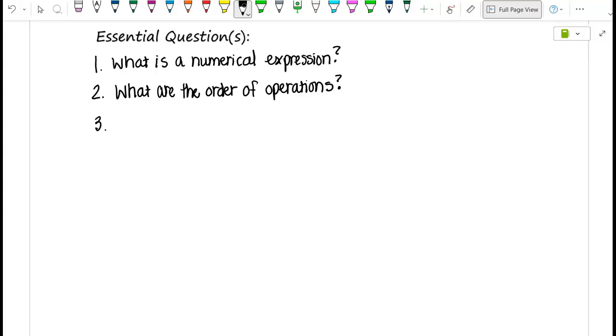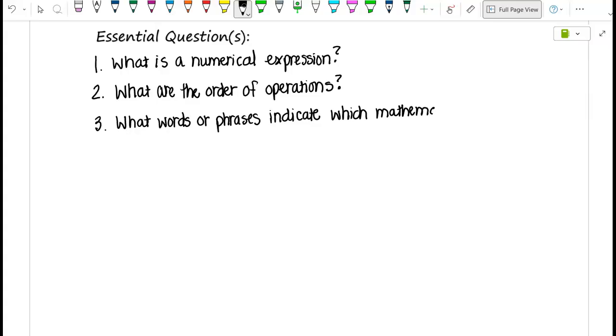Question 3, what words or phrases indicate which mathematical operation to use?